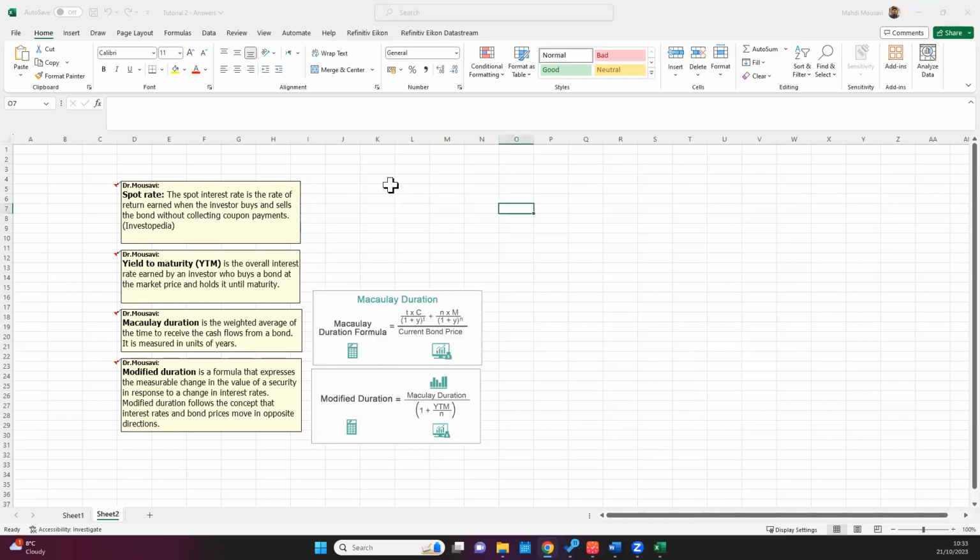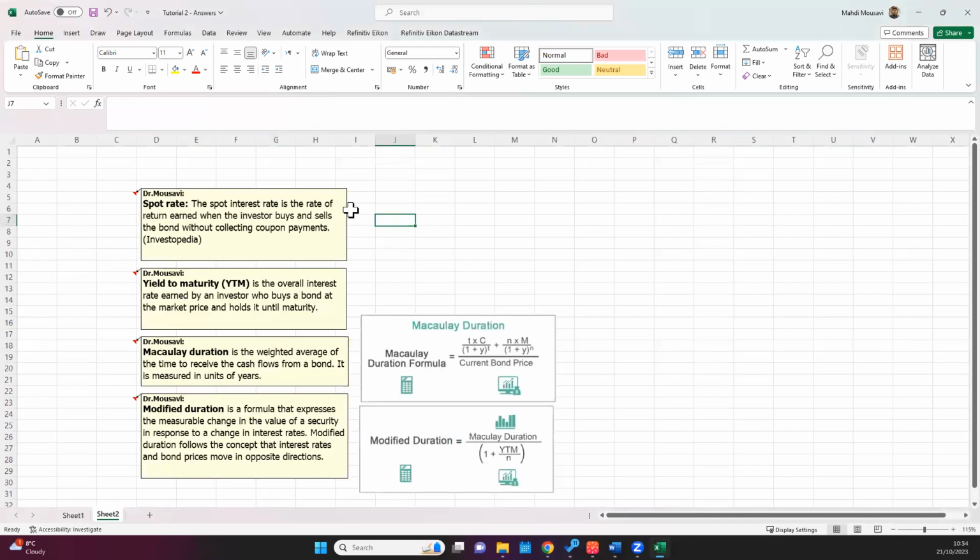So again, here I brought the definition of the spot rate. The spot interest rate is the rate of return earned when the investor buys and sells the bond without collecting coupon payments. And that's a very important definition in finance, followed by yield to maturity.